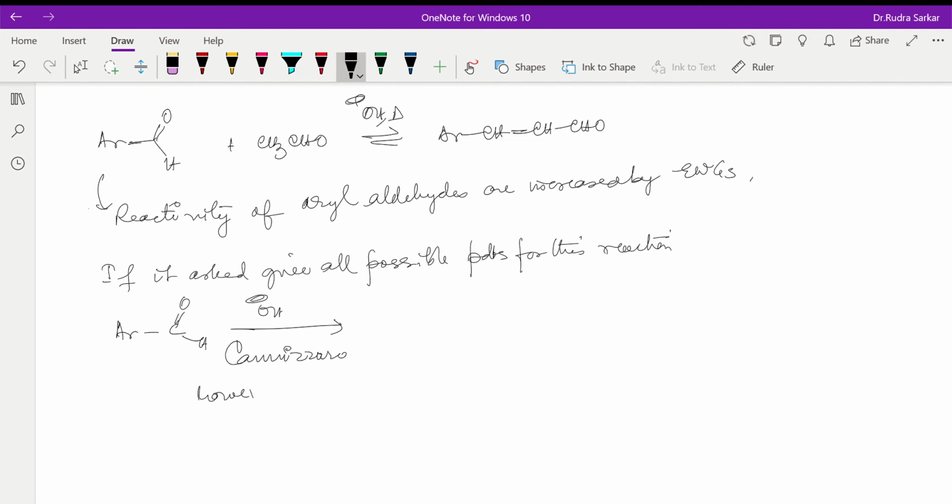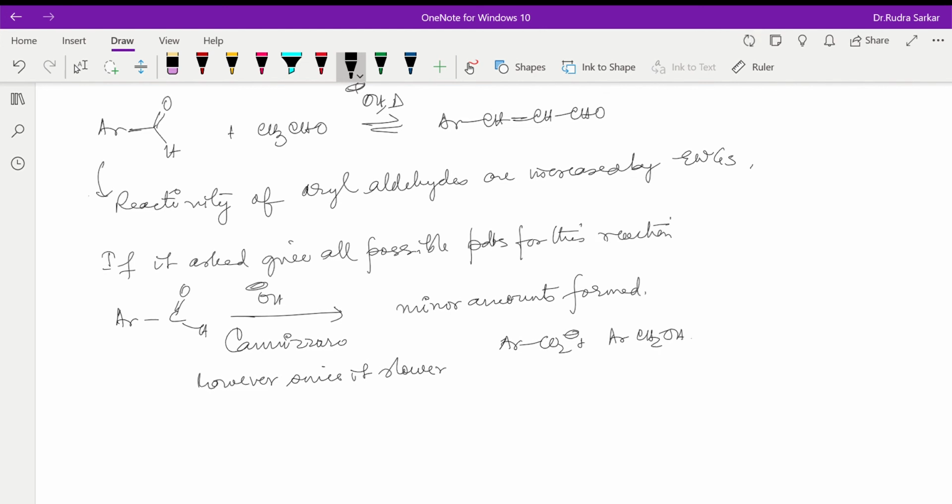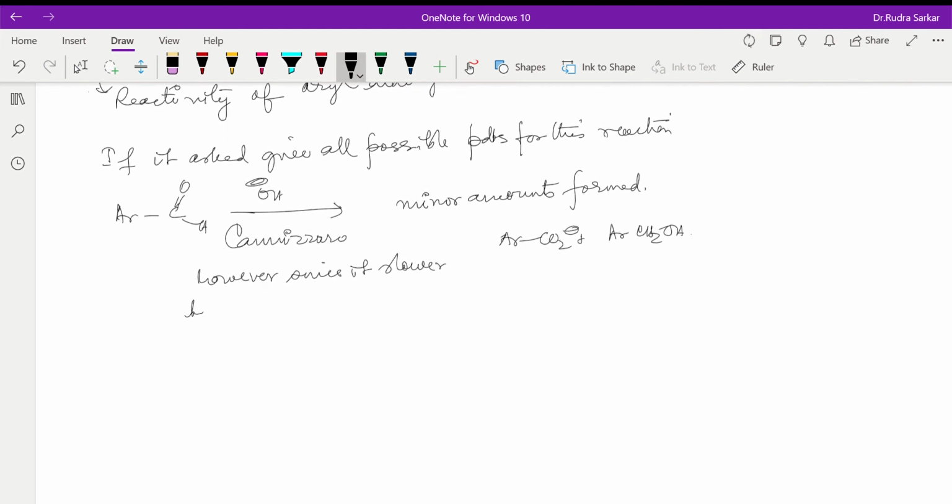However, since it is slower, minor amounts are formed, that is ArC=O plus ArCH2OH, slower than cross aldol.